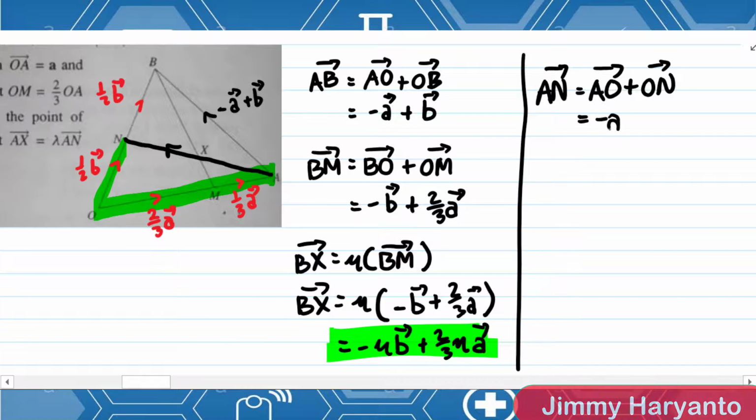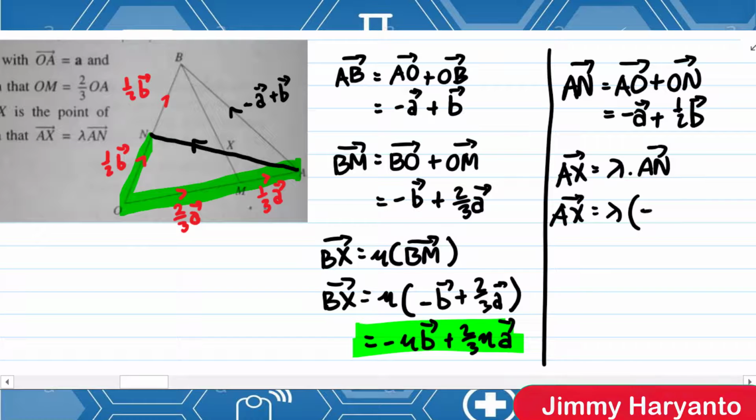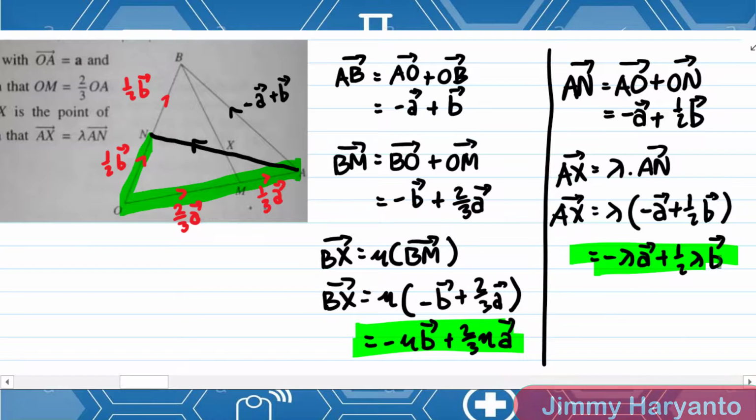AO is negative A, ON is half B. So we already have AN, and the question says also AX equals lambda times AN. AN is negative A plus half B. And then after that, negative lambda A plus half lambda B. Okay, we already have AX.